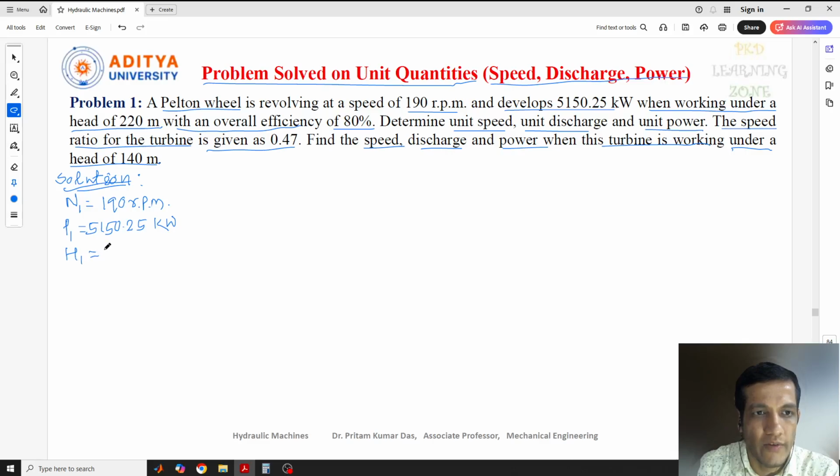So H1 is 220 meter. And the next is the overall efficiency, eta naught, which is 80%, or I can write 0.8.